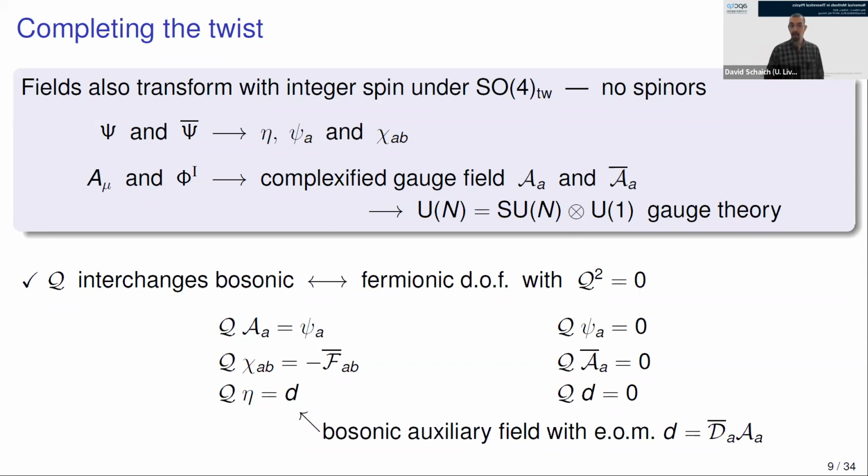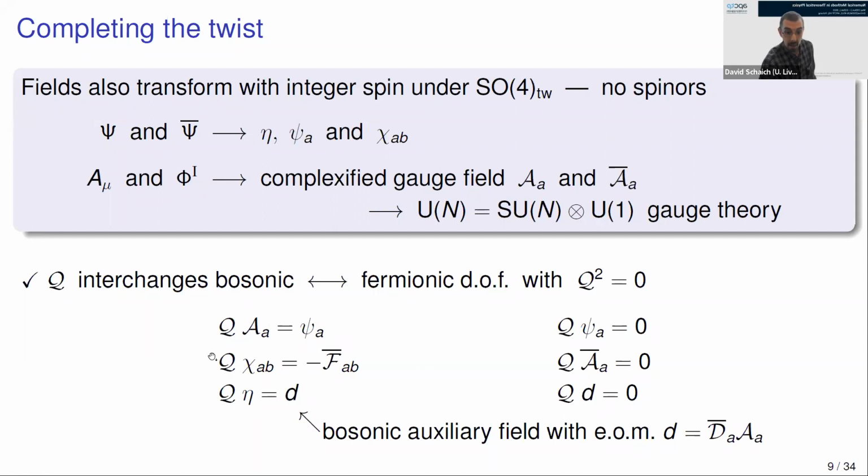But with this setup, and in terms of these reorganized degrees of freedom, we can check that the twisted scalar supersymmetry behaves as a supersymmetry should. If it acts on a bosonic field like this, the real part of the complexified gauge field, it gives a fermionic field, the psi fermion with consistent indices in all of these relations.